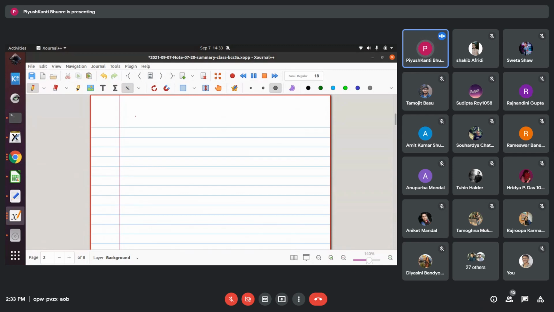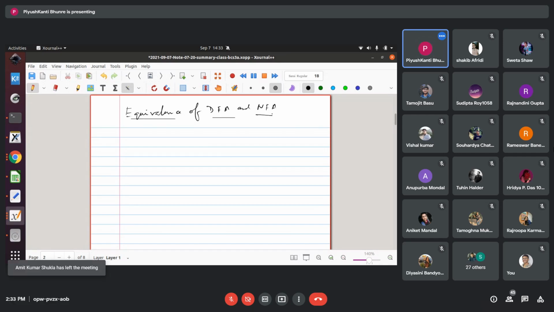So we want to prove the equivalence of DFA and NFA. Basically, it's a theorem.